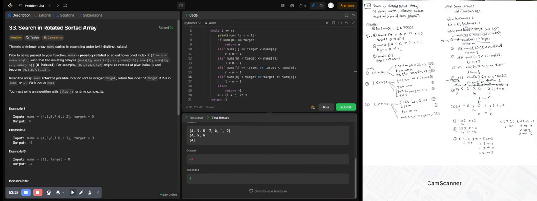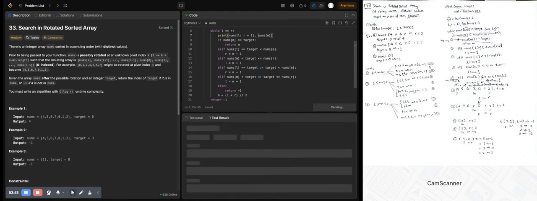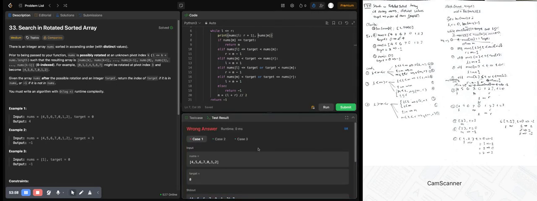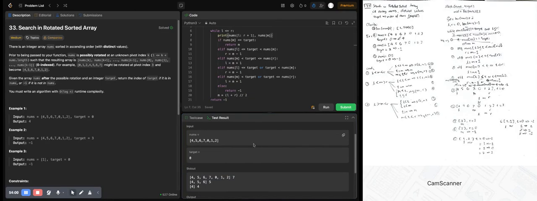So let's see what happened here. Let's print nums of mid. Seven, and then let's see where we go from here.